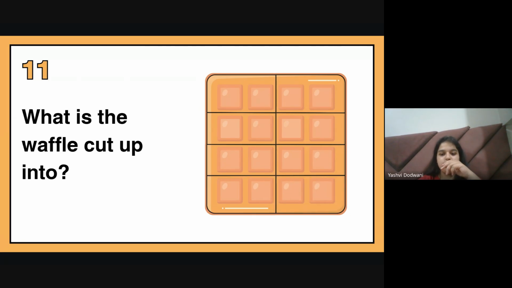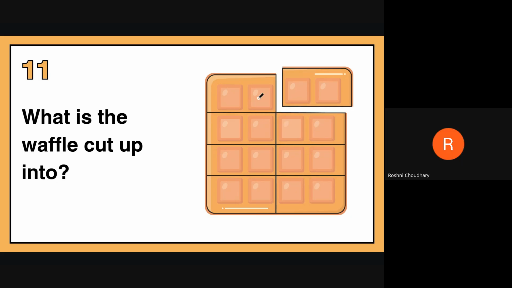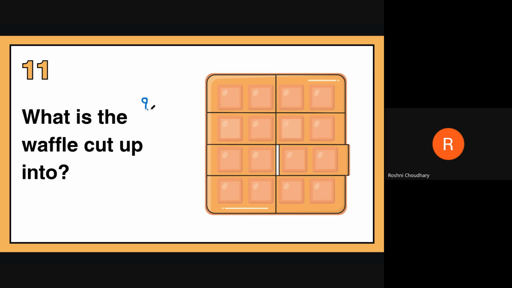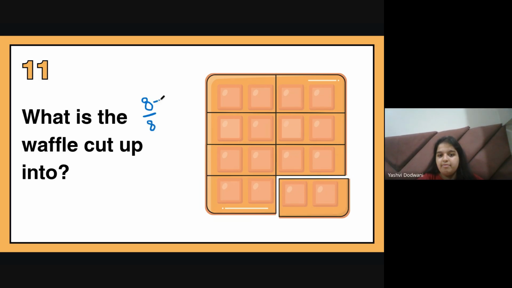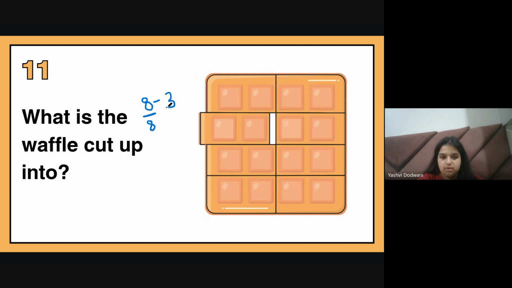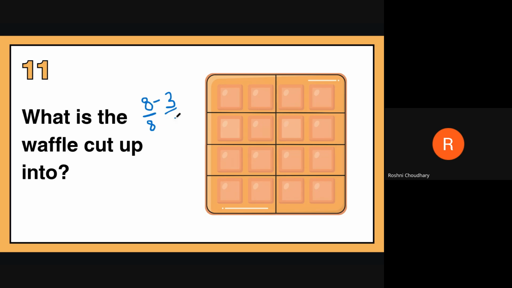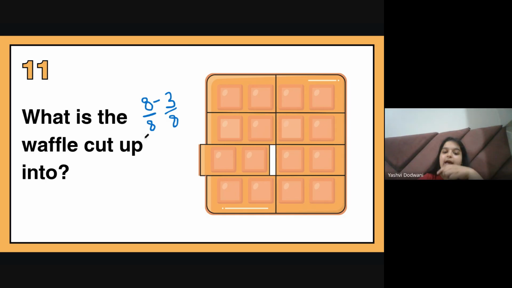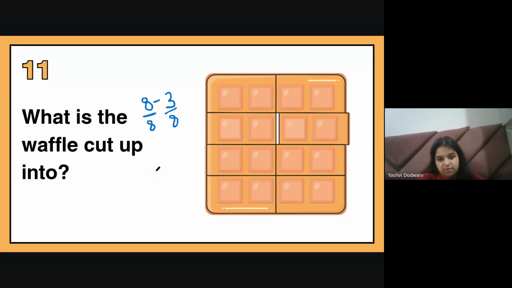So the remaining fraction would be 5. Okay, I'll explain how. This whole waffle, out of which 3 have been eaten. When we subtract 3 from 8, we get 5. So the remaining fraction is 5 by 8.